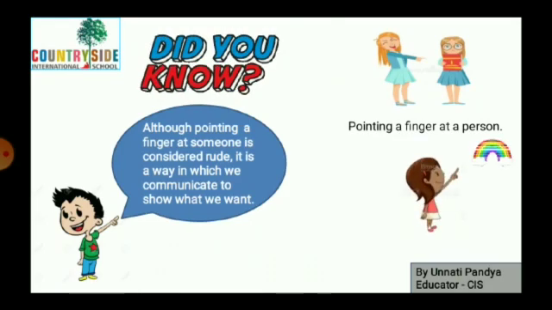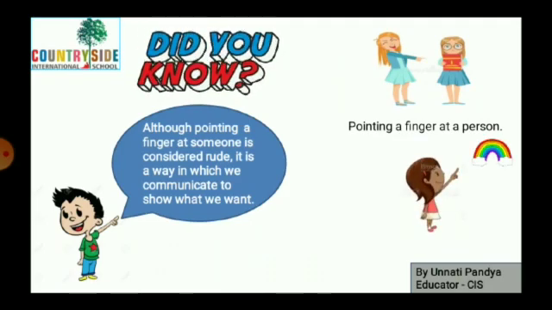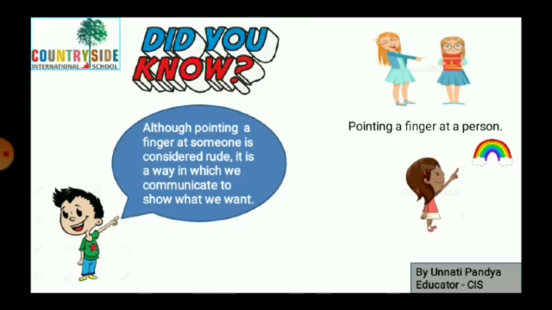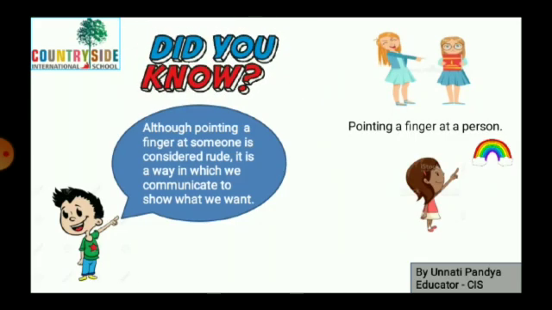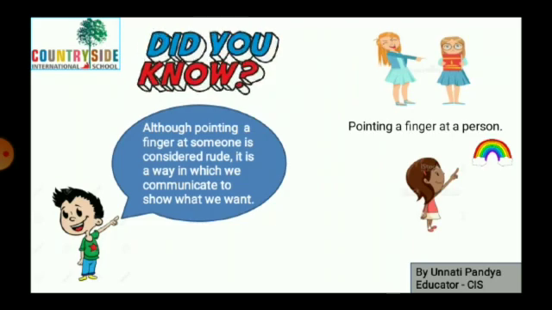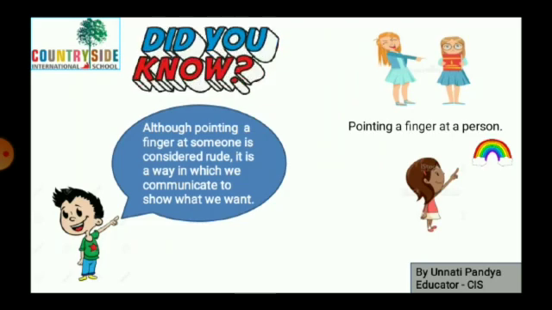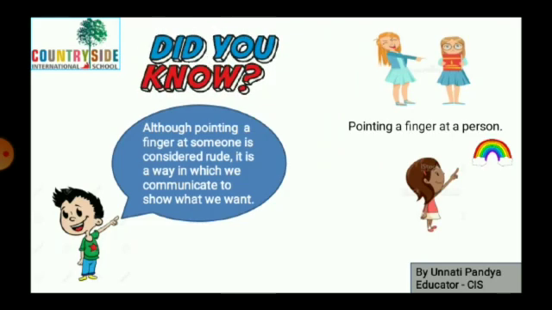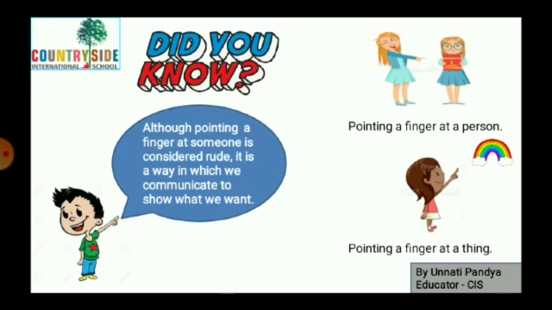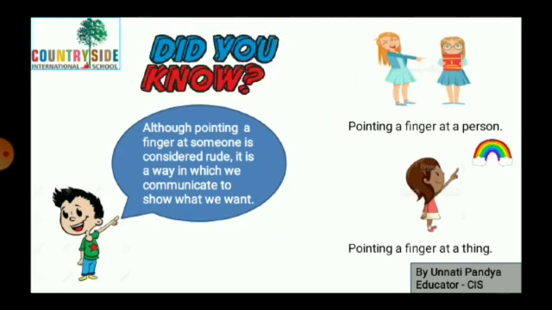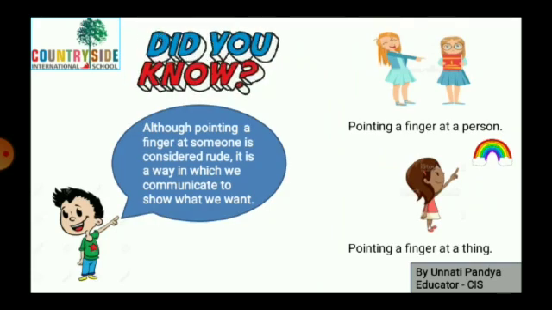Now, see this. Here, a little girl is pointing a finger at the rainbow. Maybe she wants to show the rainbow to her friends or her parents or her siblings. We don't know. So, she is pointing a finger at a thing or an object, right?